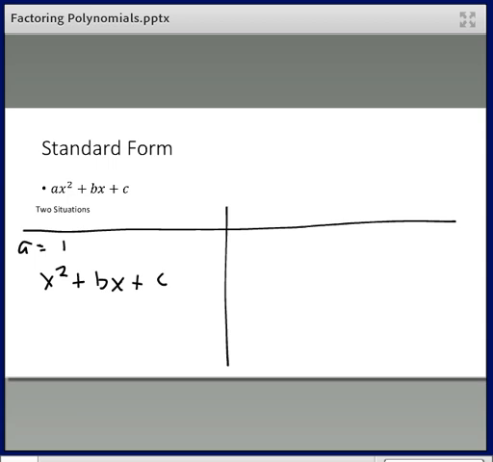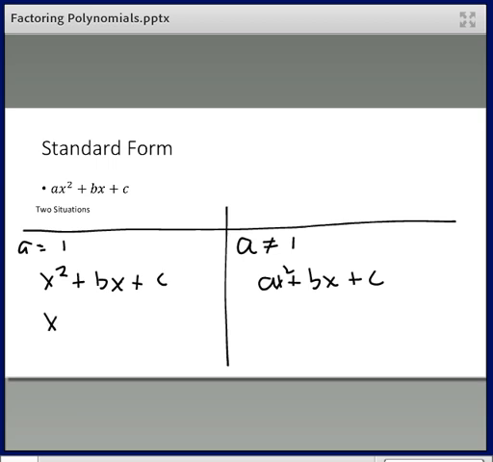The second situation is where a is not equal to 1, so we'll have some number other than 1 as a.